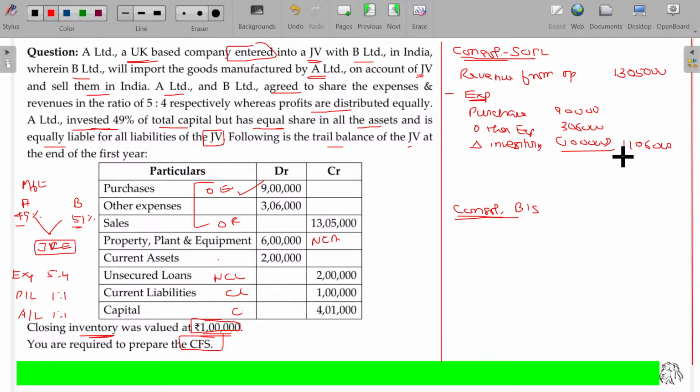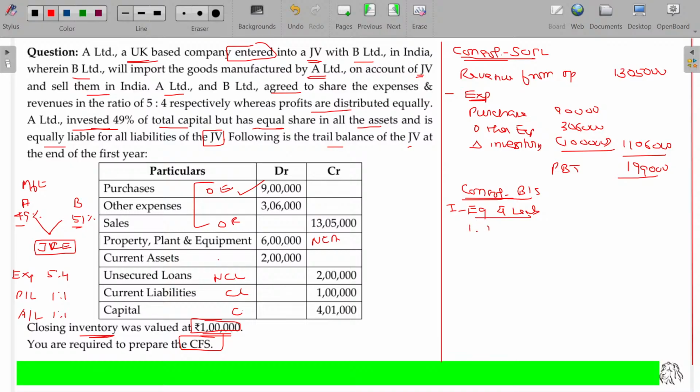If I subtract the expenses, then you will get profit or loss, profit before tax, whatever it may be: 1,99,000. In the consolidated balance sheet, number 1, equity and liabilities. How much is that?